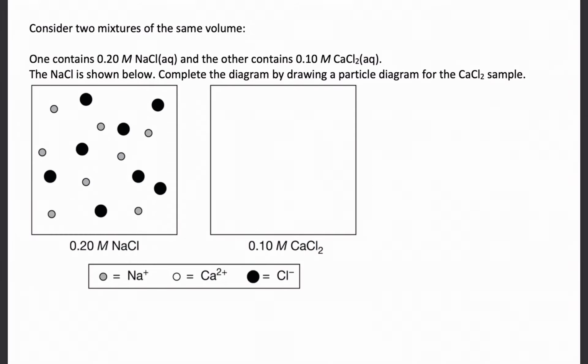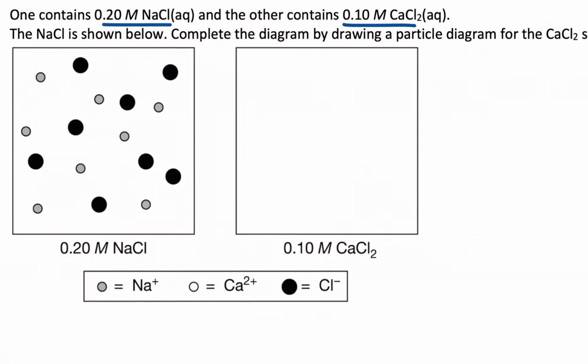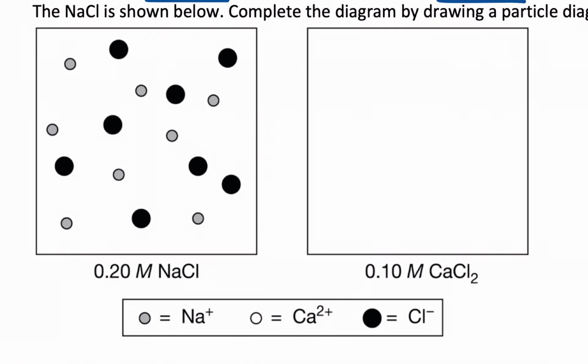Okay, let's wrap up with one free response question. Consider the two mixtures of the same volume. One is 0.2 molar sodium chloride, one is 0.1 molar calcium chloride. Complete the drawing by adding a particle diagram for the calcium chloride. Well, here we're going to count what we've got.